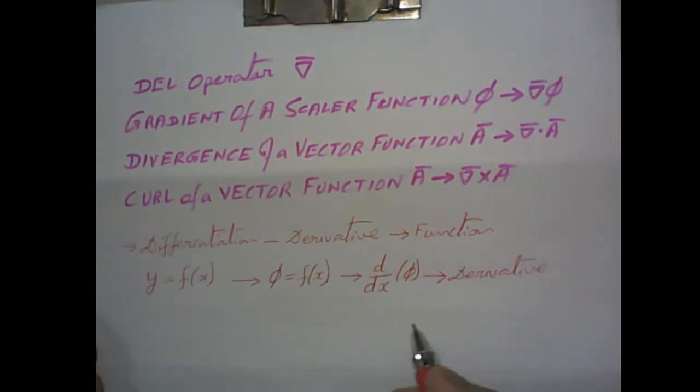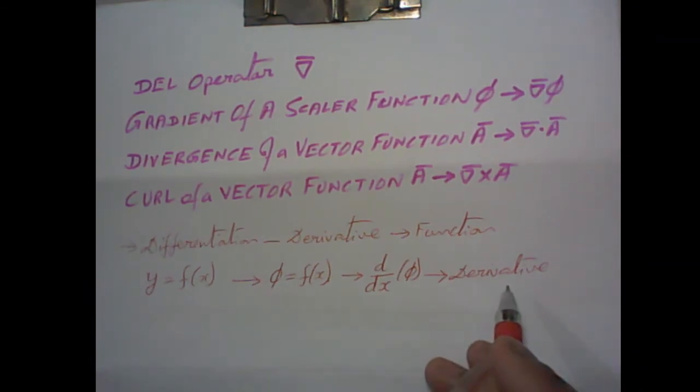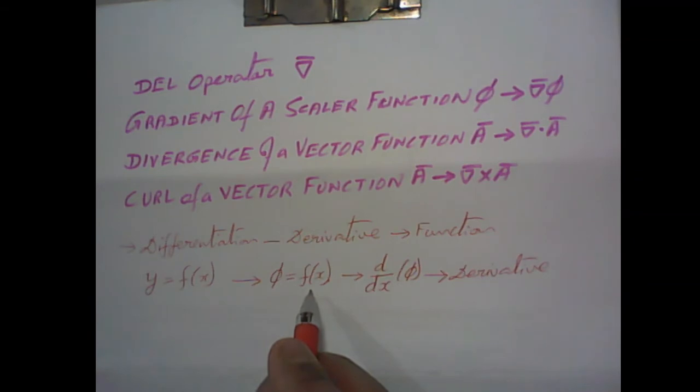This should be clear: d/dx is the operator which operates on phi to give us the derivative. This phi is single dimensional. It varies only with one variable x.